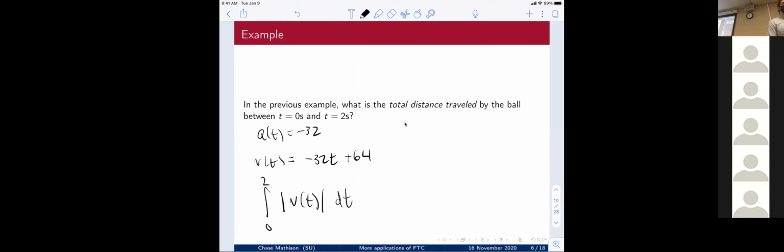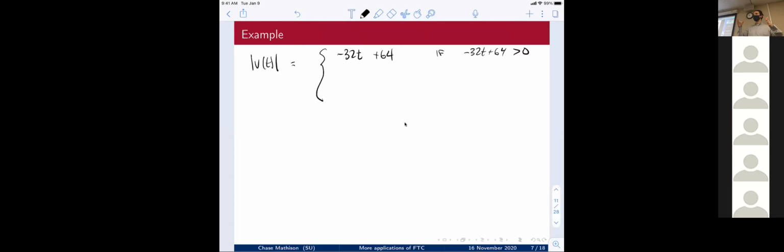Well, the absolute value of v of t, we need to take a second and look at that. What does absolute value of v of t look like? Well, if negative 32t plus 64 is positive, then it's negative 32t plus 64, right? If negative 32t plus 64 is greater than 0. I mean, that's just the definition of the absolute value.